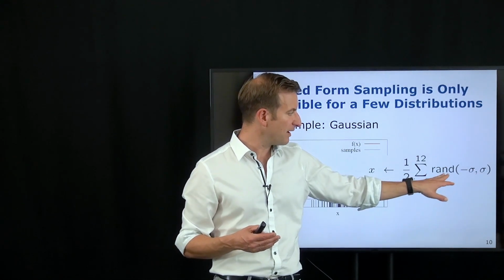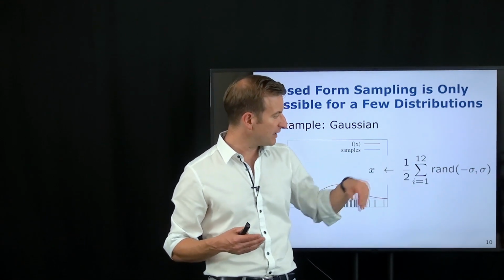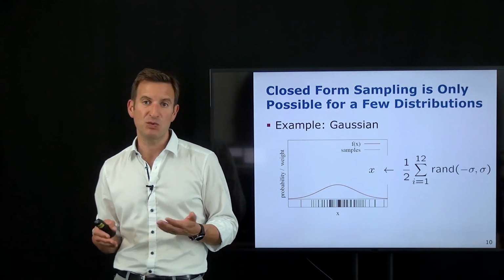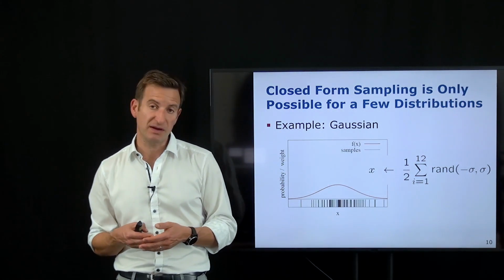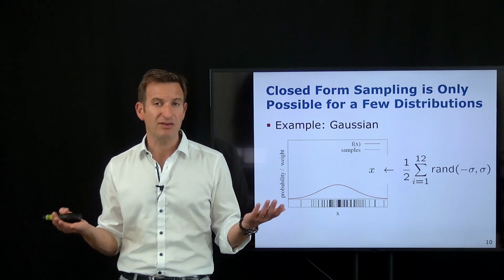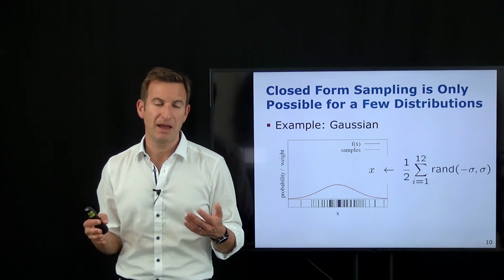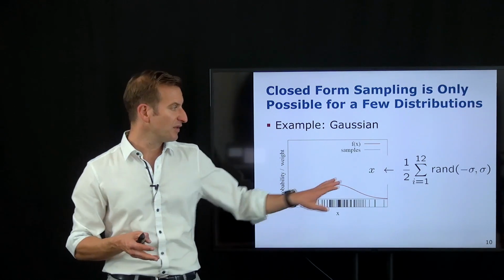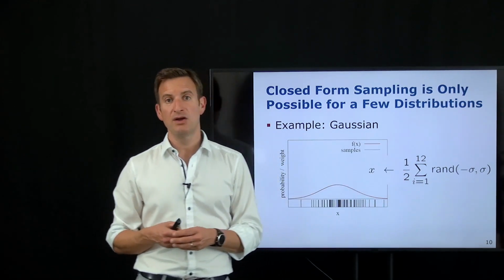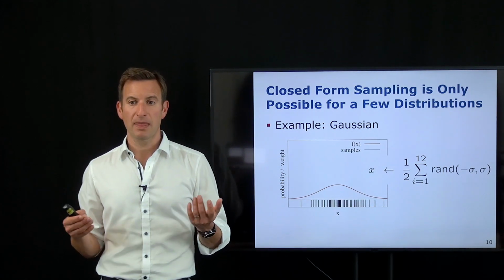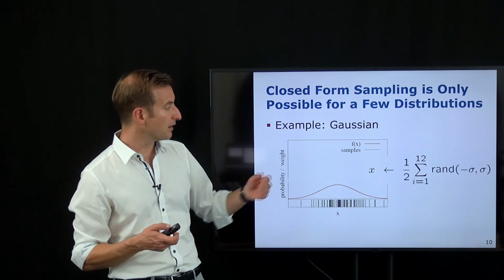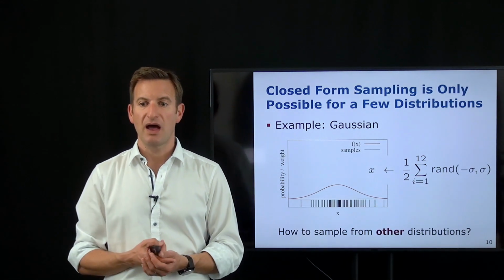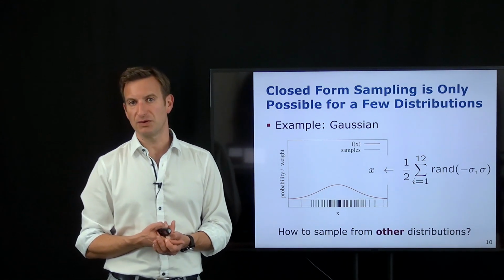If you draw sigma 12 times, you have 12 sigma divided by 2, which is 6 sigma. So all the random numbers we can generate lie between plus and minus 6 sigma, which already covers a large area of the probability mass of the Gaussian distribution, but is not exact. This is probably the simplest way to draw numbers from a Gaussian distribution. But the question is, how can we do this from other distributions?